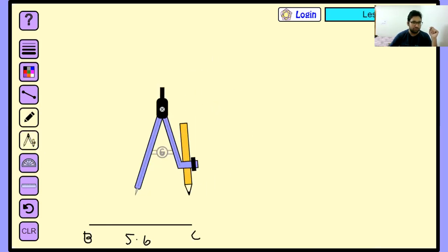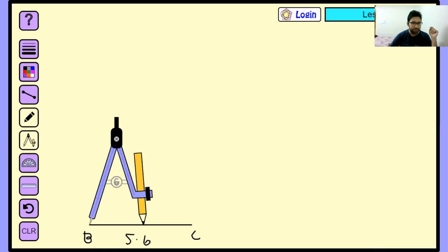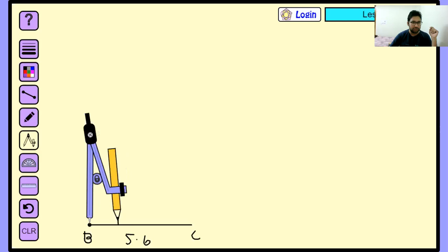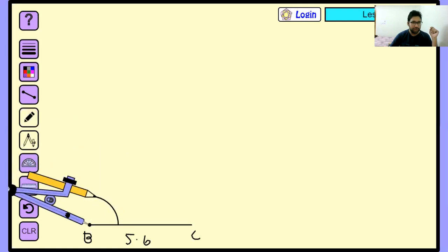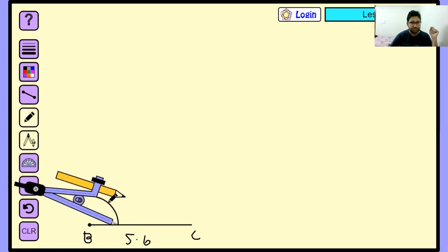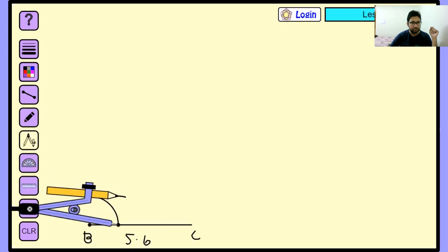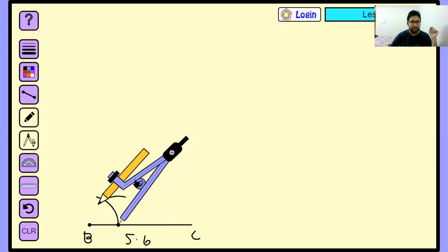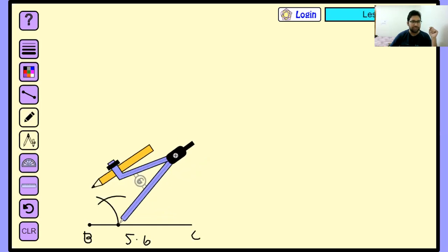Very easy. First we will draw which angle? First we will draw a 60-degree angle, and after that we will bisect the angle. So this is the arc for the 60-degree angle. Then we will bisect it. To bisect it, I have opened the compass a little bit so that it is easier for me and very clean also.